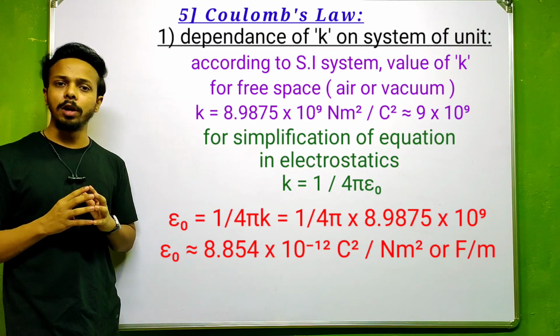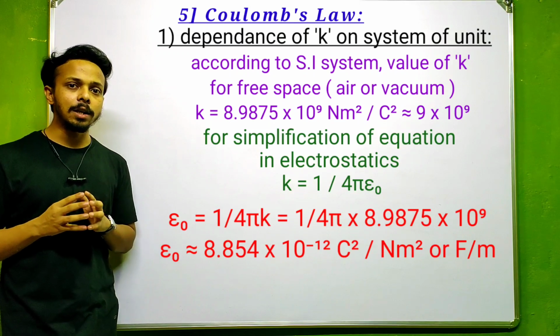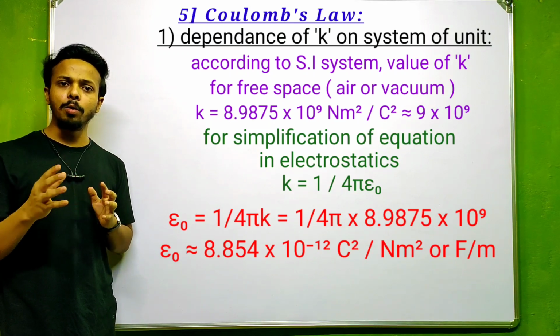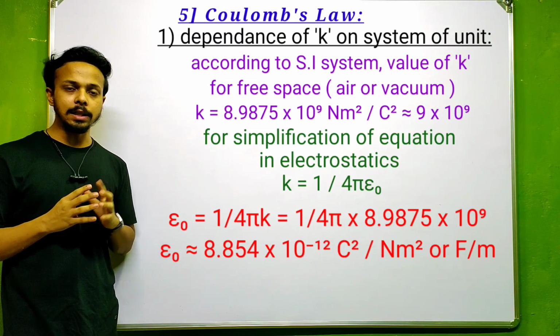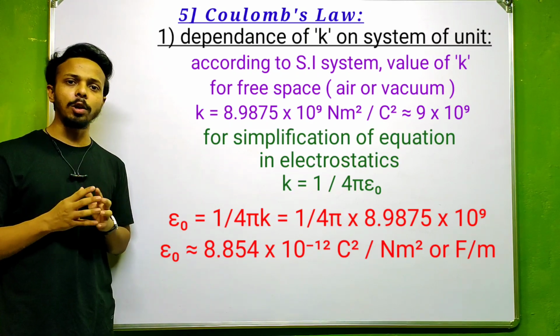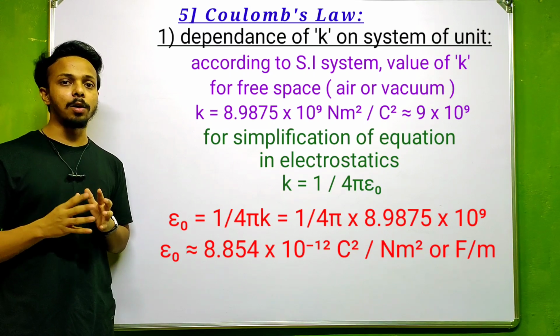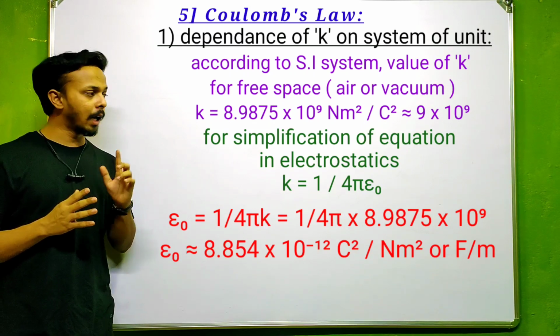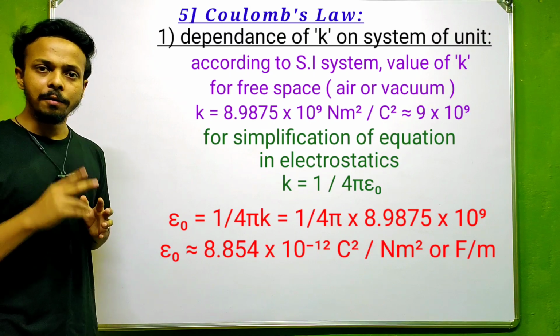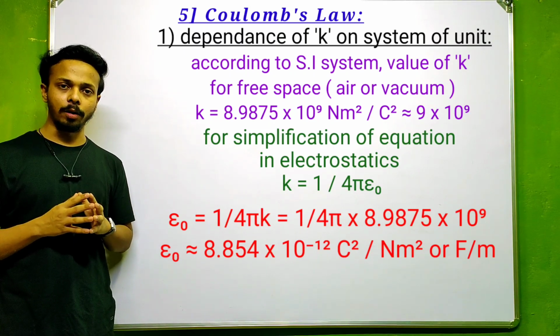Now guess what should be the unit for this, as it is a reciprocal of K. The unit is Coulomb square per Newton meter square. That is, epsilon naught is equal to 8.854 into 10 to the power minus 12 Coulomb square per Newton meter square. And one more unit for epsilon naught is Farad per meter.